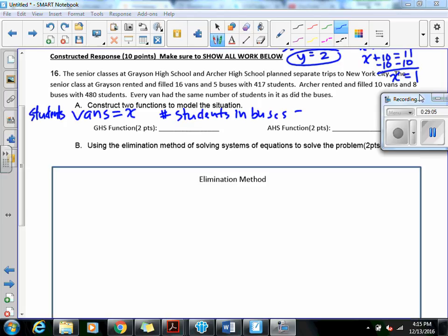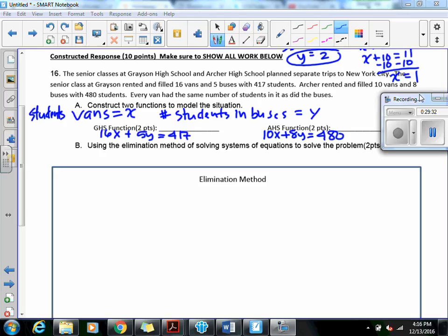So the function for Grayson High School would be 16x plus 5y equals 417, and the next one is going to be 10x plus 8y equals 480.